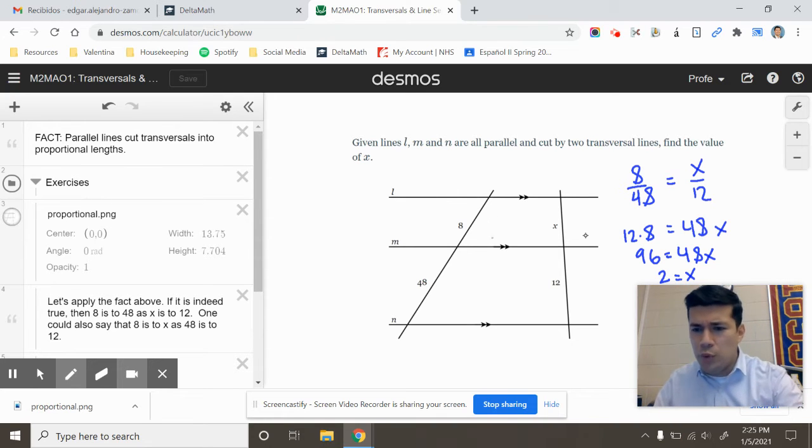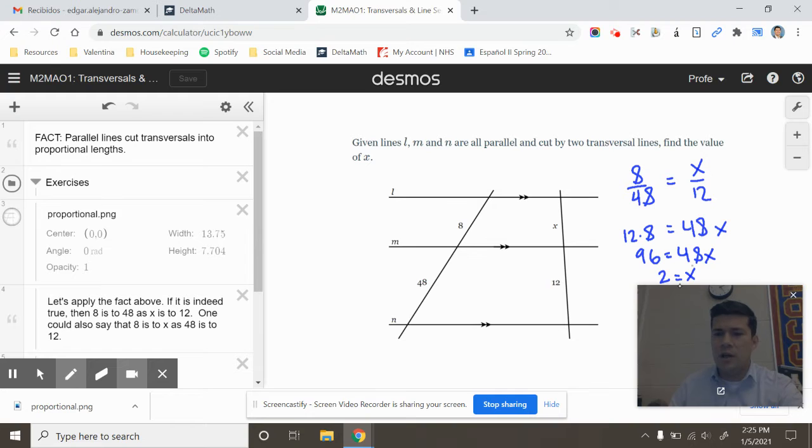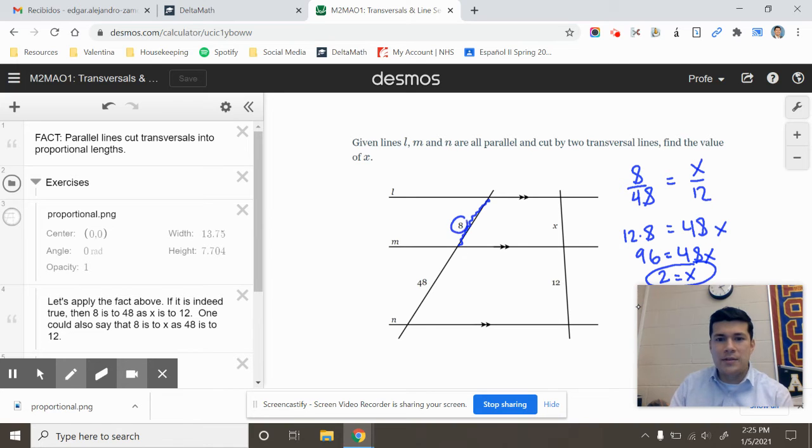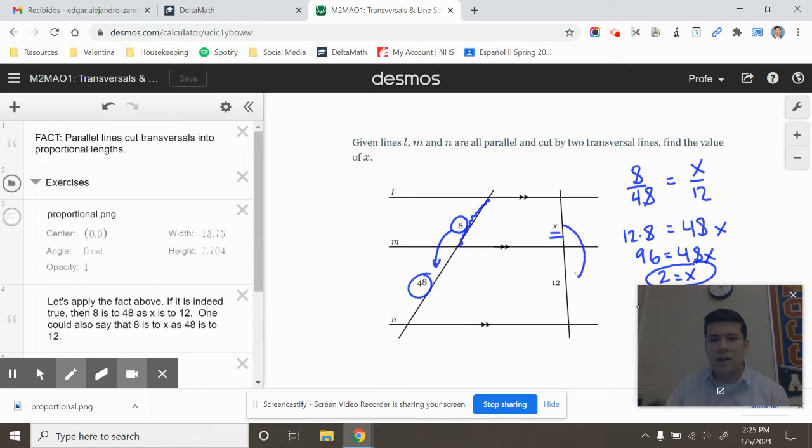But if you really want to make sense of proportions, instead of just setting up the fraction and cross multiplying every time, think of it like this. This segment 8, and the drawings are obviously not to scale. The number 8 has the same relationship to the number 48 as the unknown number X has to the number 12. So think of it. What's the relationship between 8 and 48?